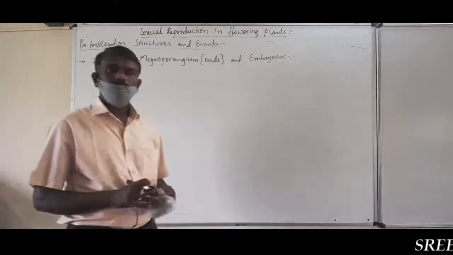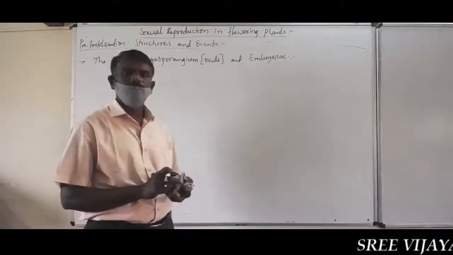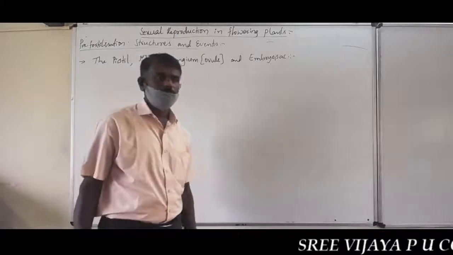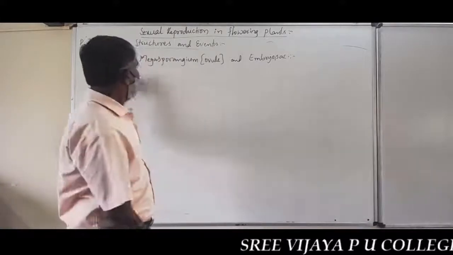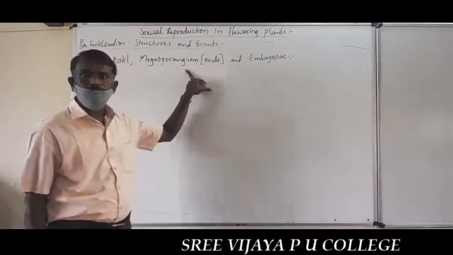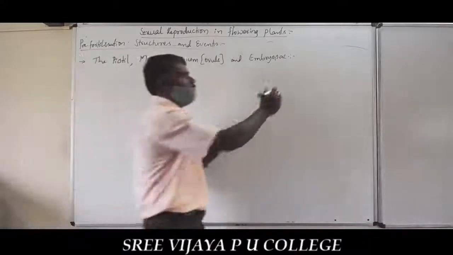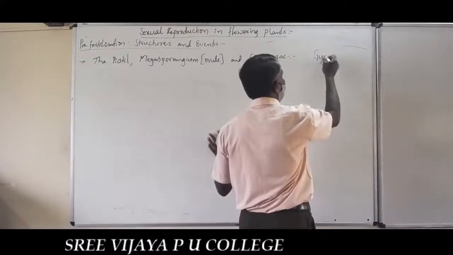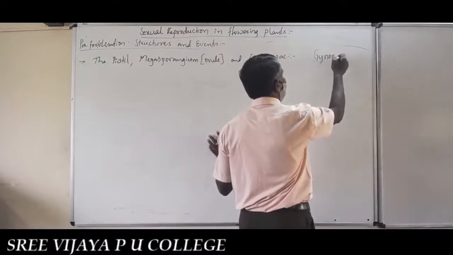So previously we discussed the male reproductive part, that is androecium. These are the pre-fertilization structures which are present in the floral whorls.